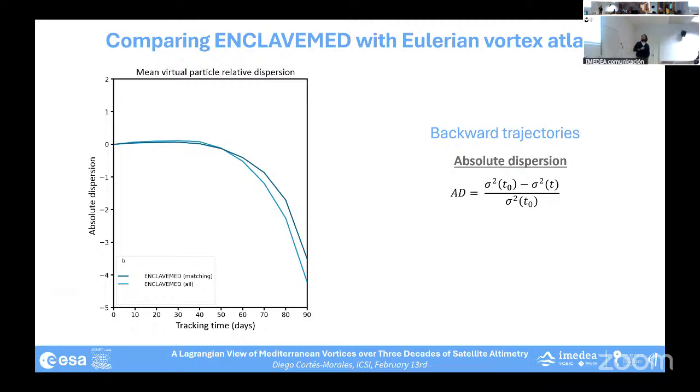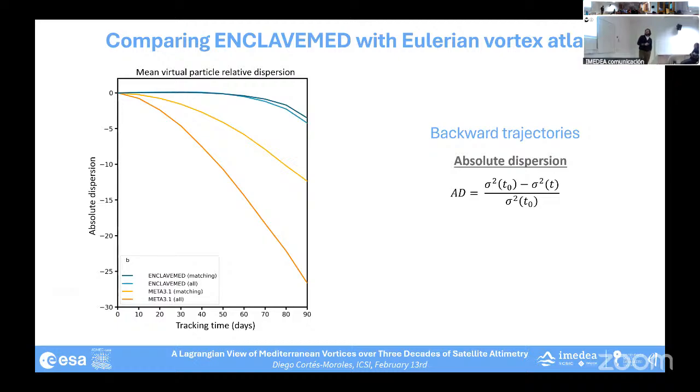So we have computed the dispersion and the mean dispersion of these clusters of particles for ENCLAVEMED, and then for the Eulerian one, META 3.1.